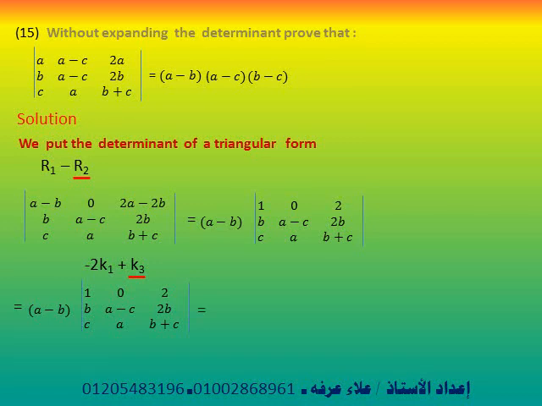We multiply K1 by negative 2 and add K3, and put in K3. We get the determinant in triangle form, equal to A minus B multiplied by A minus C multiplied by B minus C. That's proving.